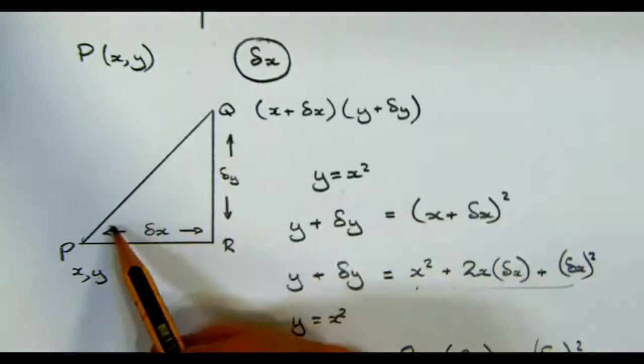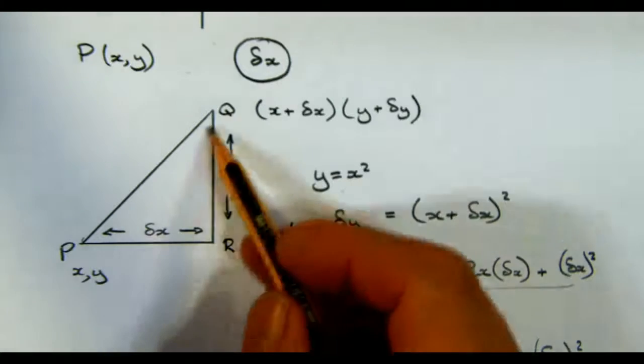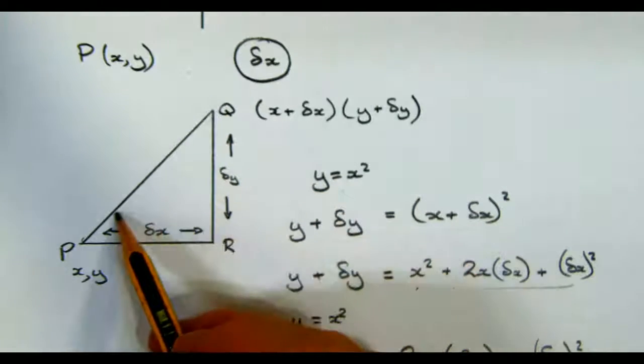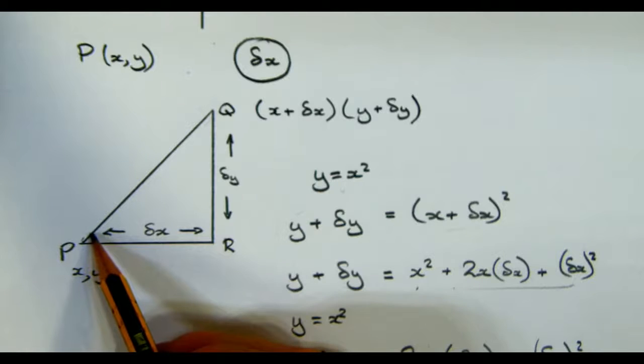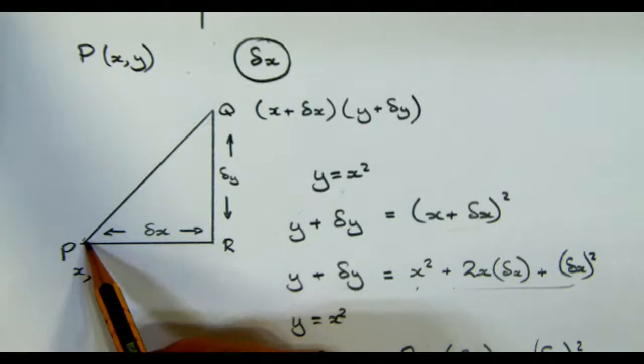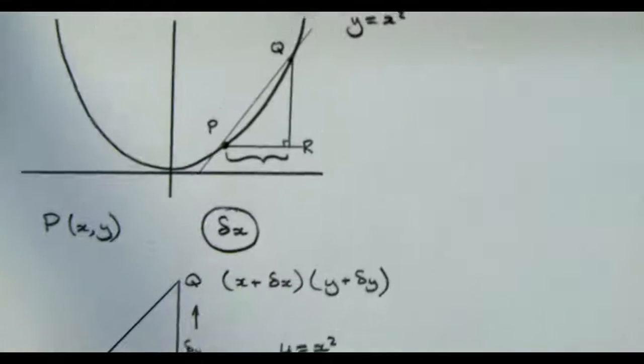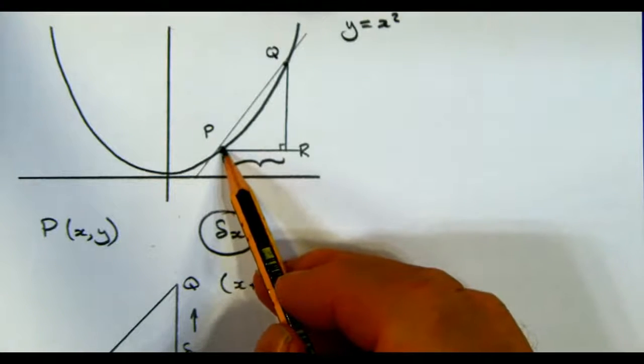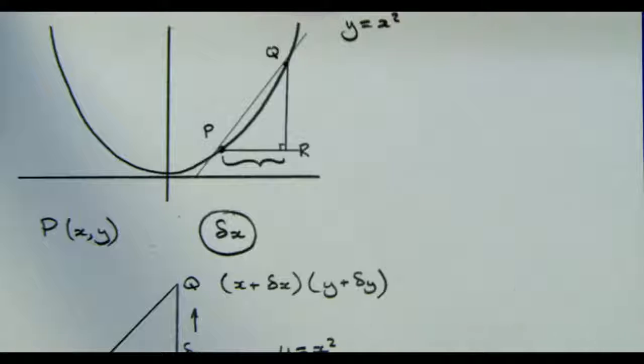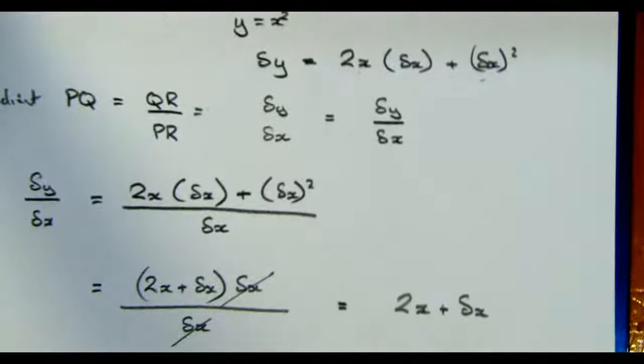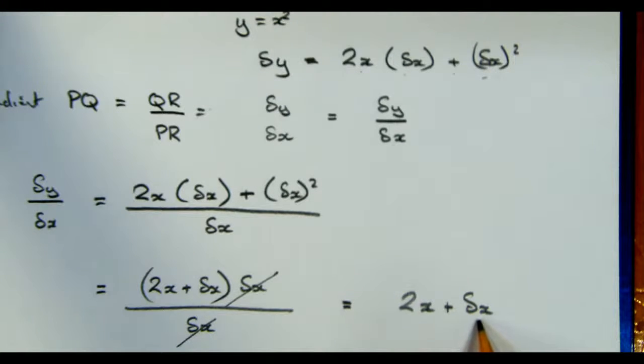It's tending to 0 until these points become so close that PQ becomes equal to the tangent at P. So as delta x becomes smaller and smaller, we are approaching 2x.